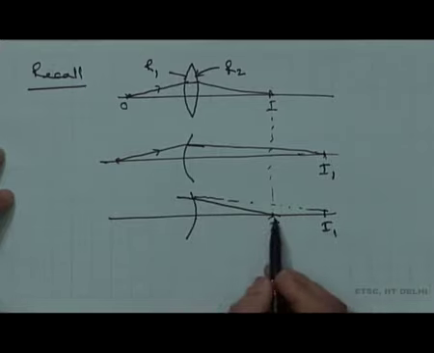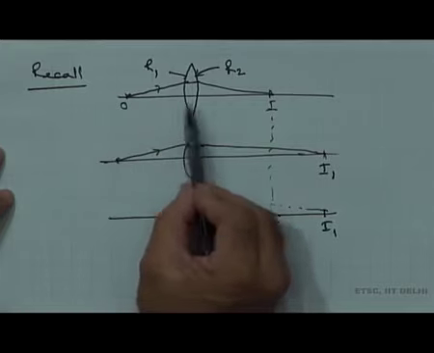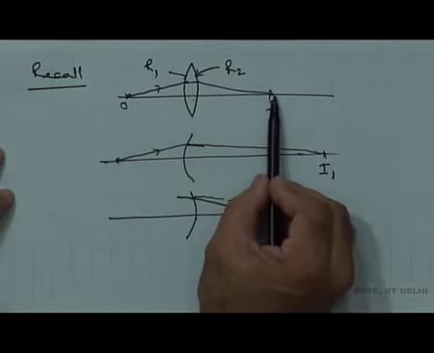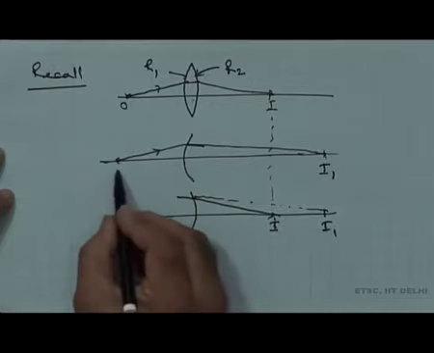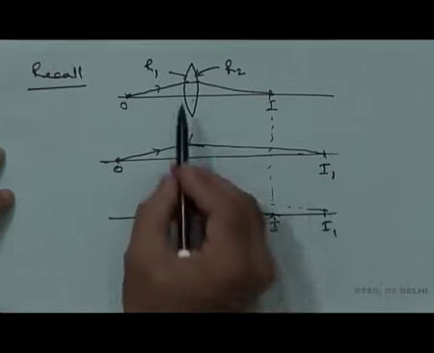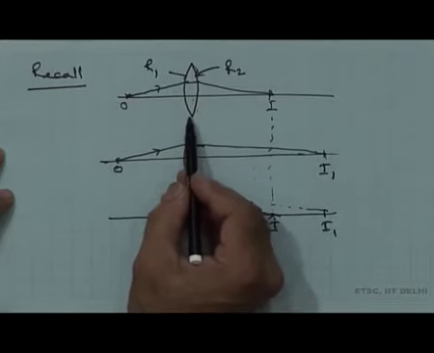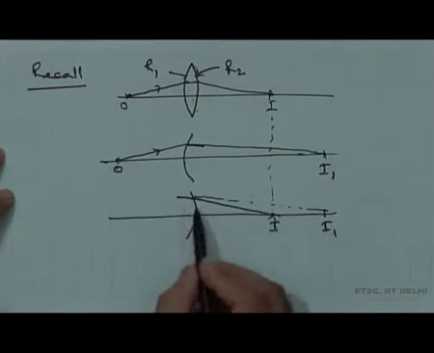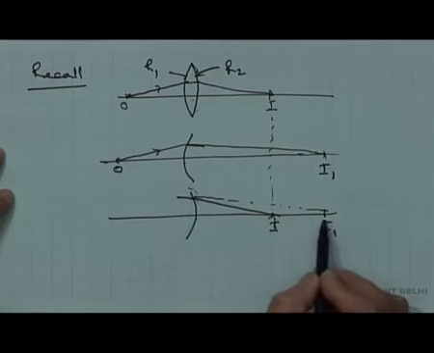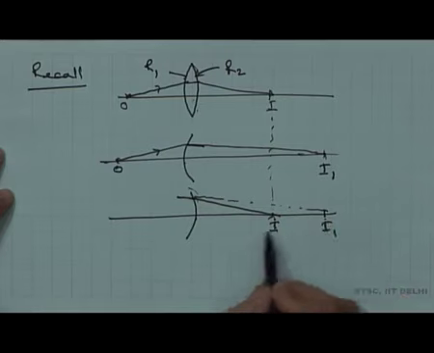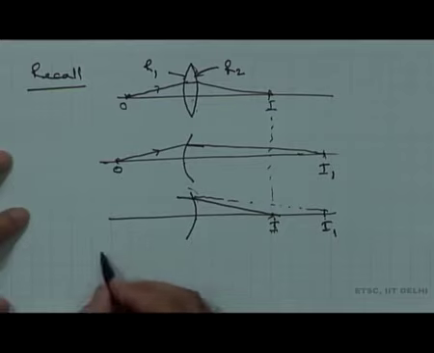This is the image distance, this is the actual object distance, which forms an image in the absence of the second refracting surface, and then the second refraction at the second surface considers I1 as the virtual object and forms an image at I, and then we derived the lens formula.